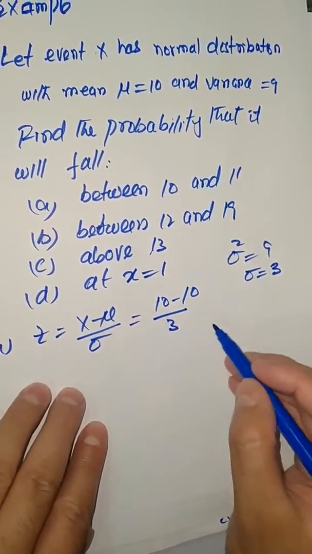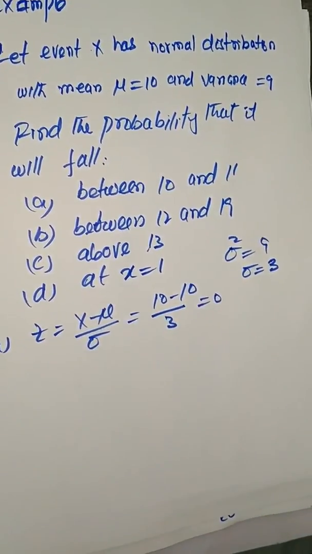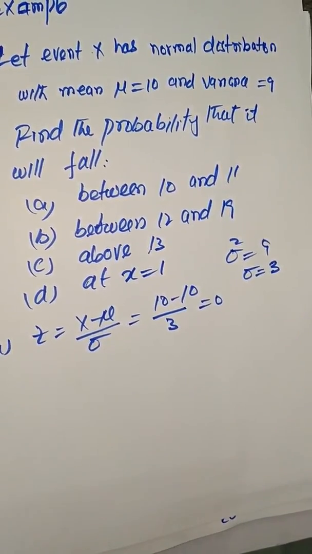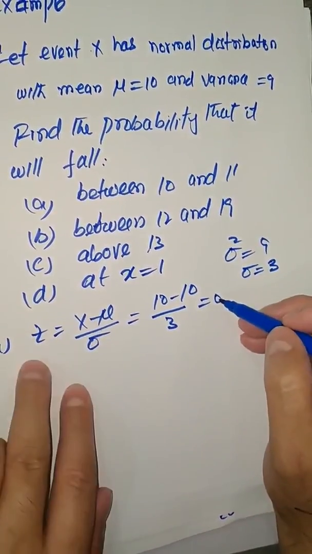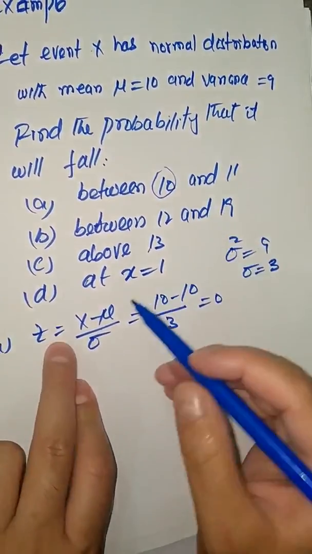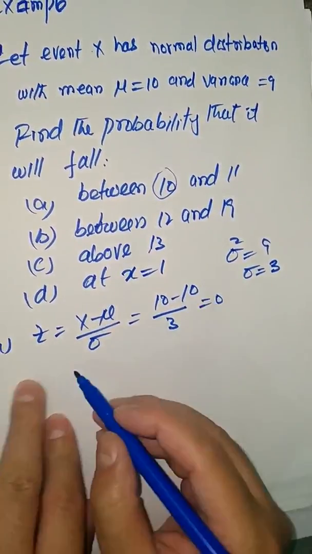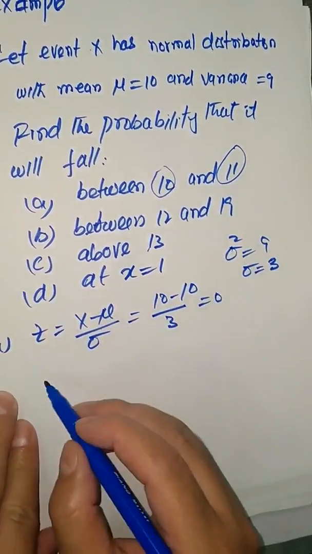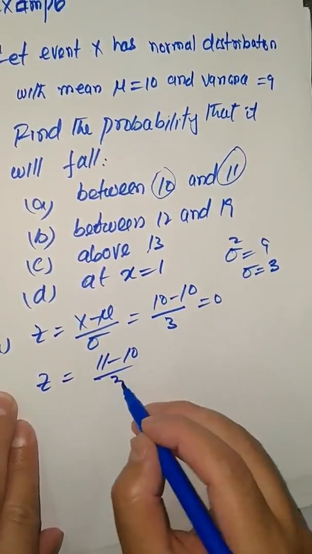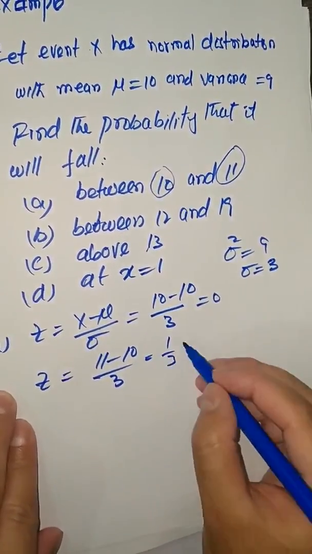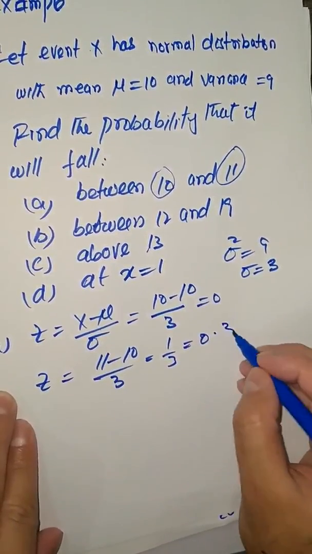So divided by 3, this is equal to 0. When x is equal to 10, z is equal to 0. When x is equal to 11, z would be 11 minus 10 divided by 3, 1 by 3. This is equal to 0.33.